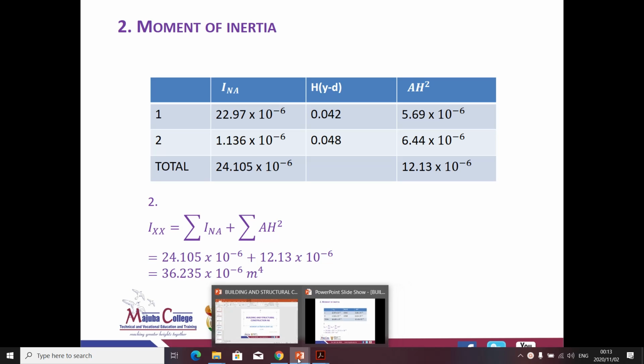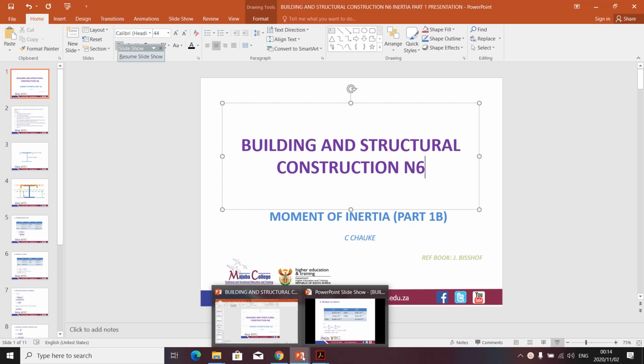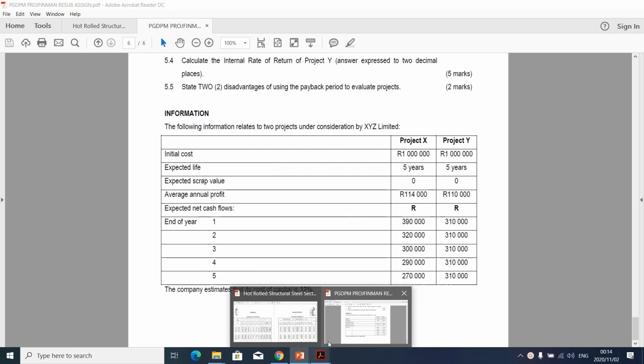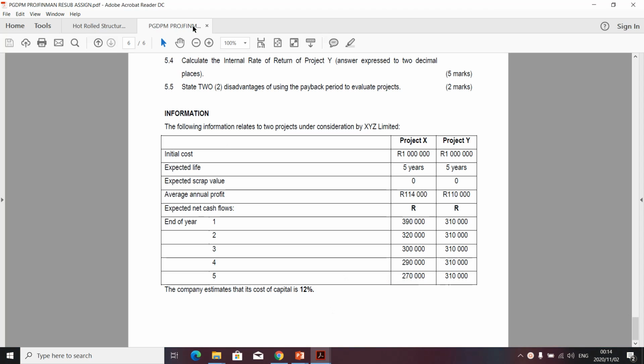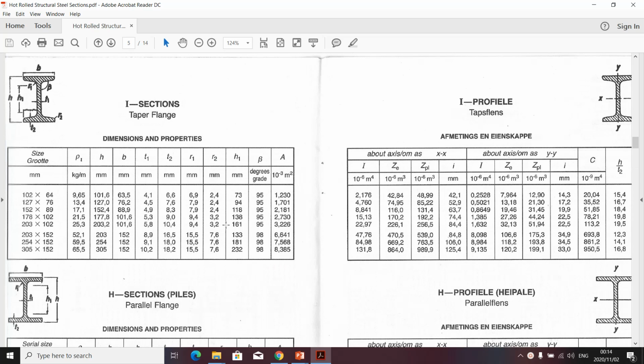let's go here. Let's come here. Let's move this here. So for our I section, which is the tapered I section 203 by 102, the inertia is going to be here about the x-axis, 22.97.